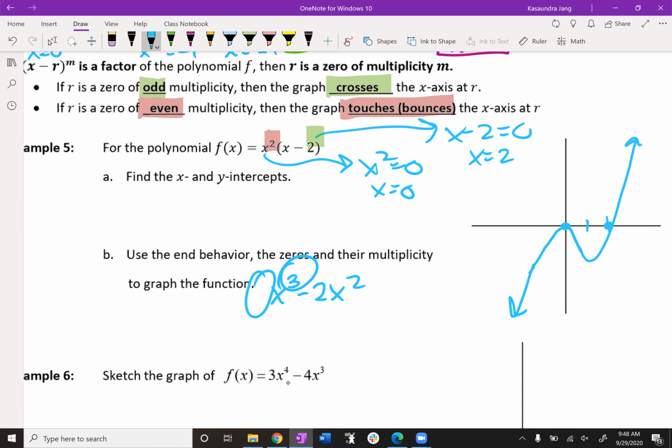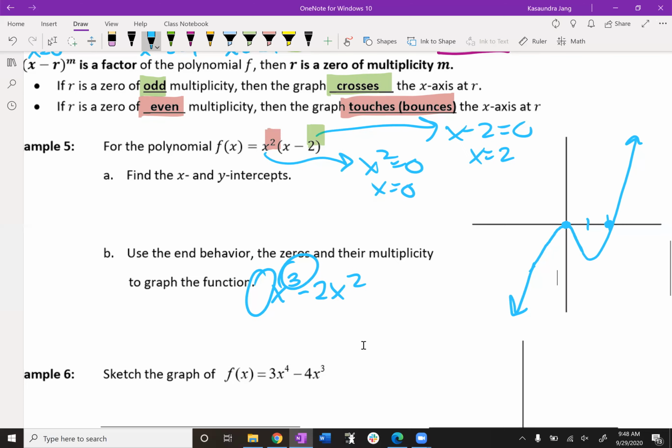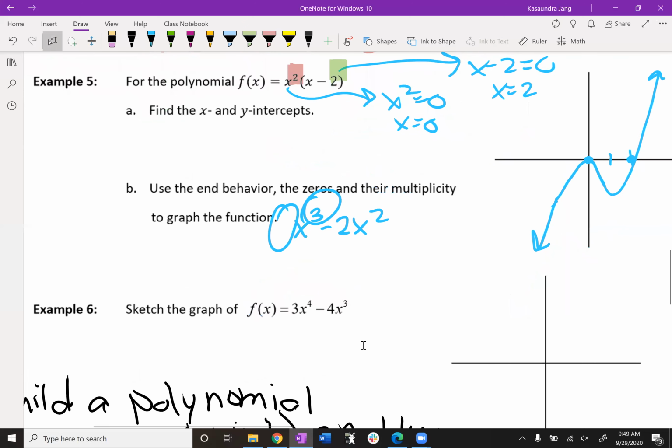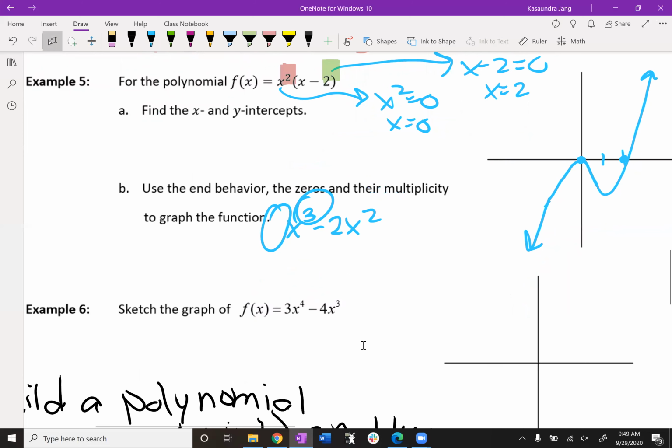All right. Let's see if we can do this one more time. You guys find the x-intercepts, and find the end behavior off of this one.